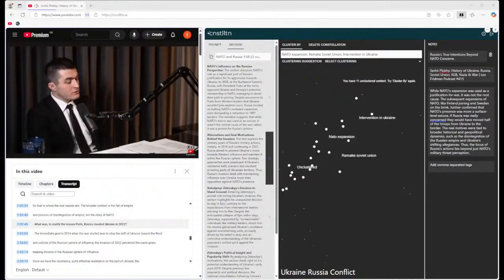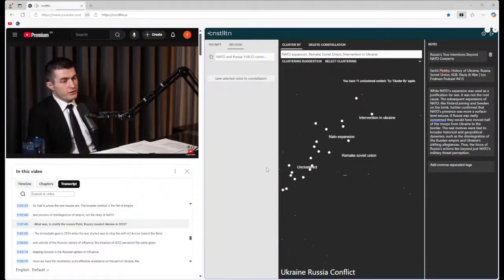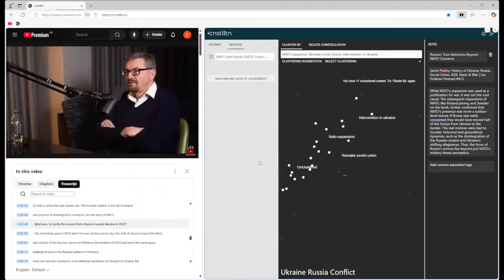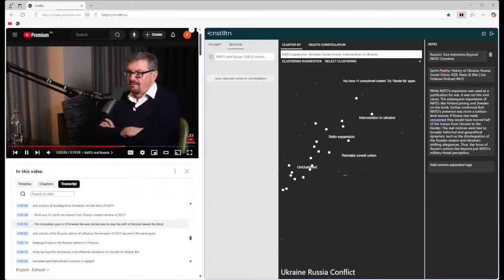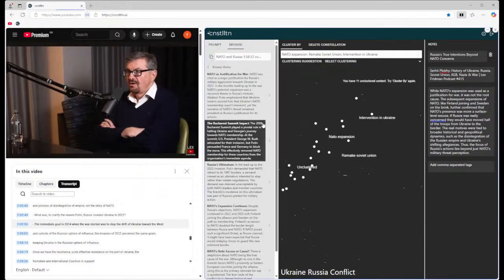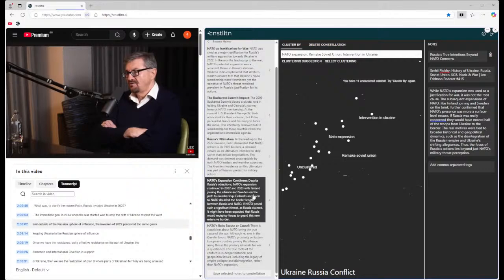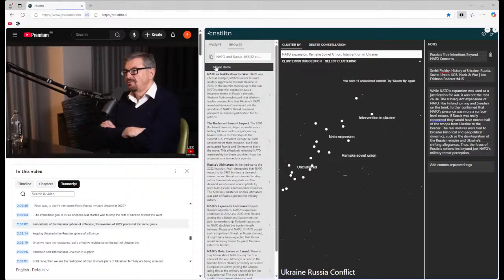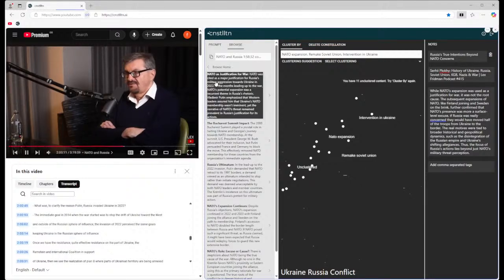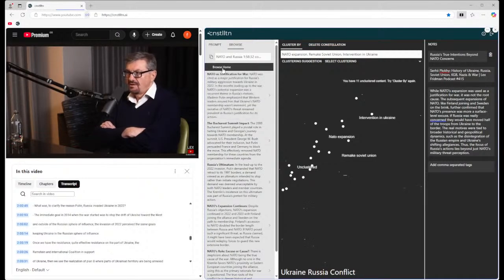What was, to clarify, the reason Russia invaded Ukraine in 2022? The immediate goal in 2014, when the war started, was to stop the drift of Ukraine toward the West and outside of the Russian sphere of influence. The invasion of 2022 pursued the same goals, keeping Ukraine in the Russian sphere of influence.